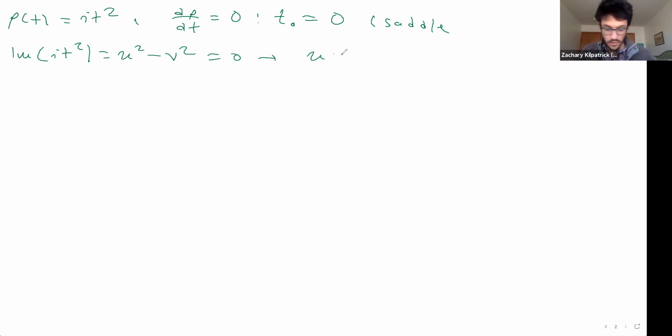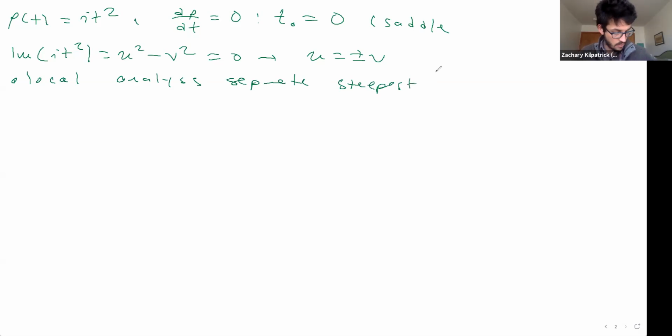That's how we got u equals plus and minus v as our possible steepest descent directions. And then local analysis is basically going to separate steepest ascent and descent, because you could have multiple candidates for the steepest descent curve.